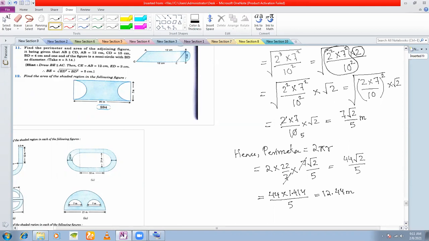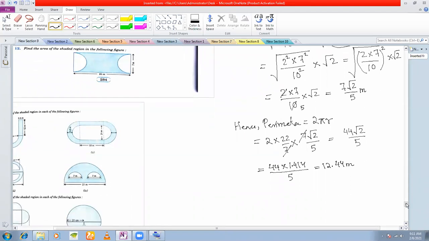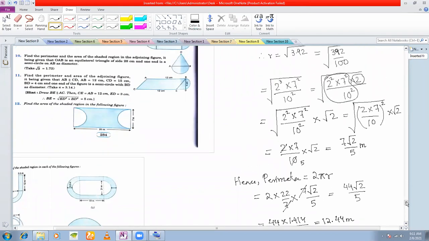As I told you, remember that whenever you want to find the perimeter from the area, or the area from the perimeter, you will have to find out the radius first.